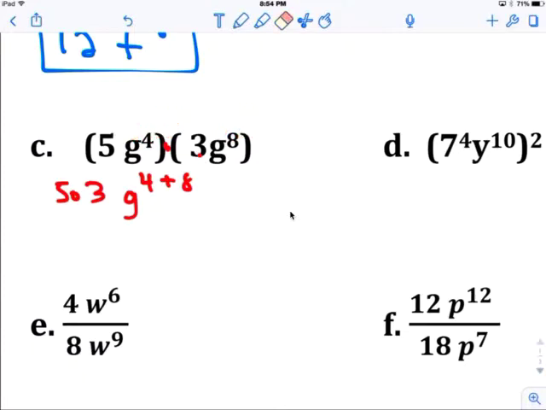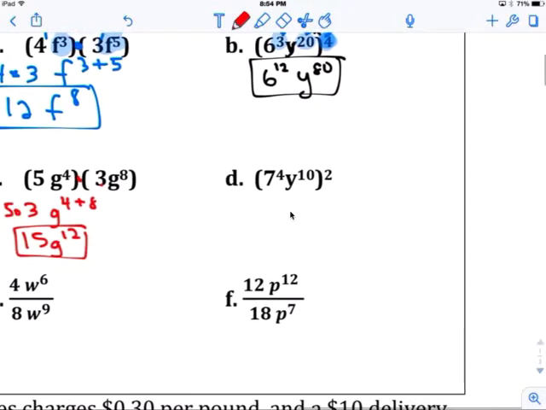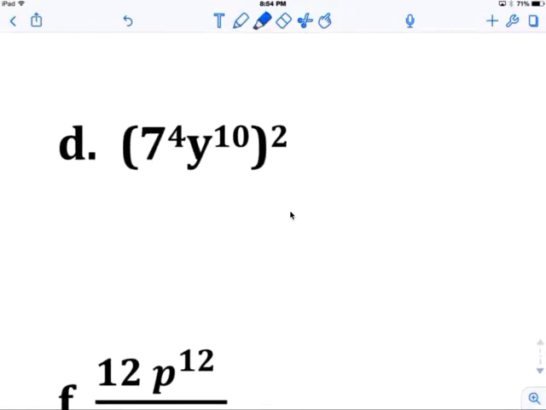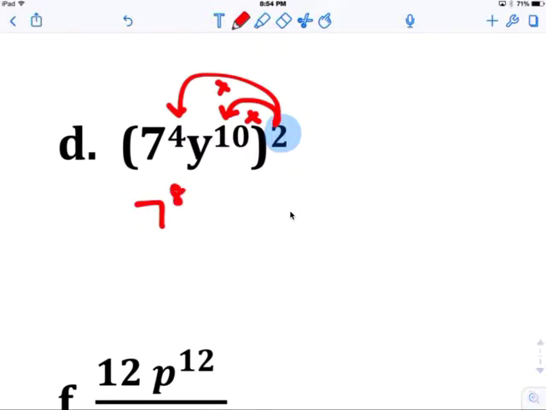When it's side by side like this, you add up the exponents. 15G to the 12th power. Okay? Remember, when you have a number on the outside like this, you distribute that and that. Multiply, multiply. 7 to the 8th power and y to the 20th.